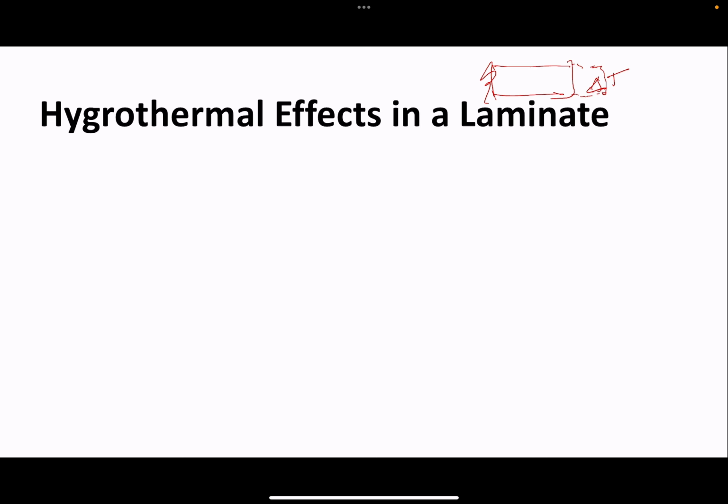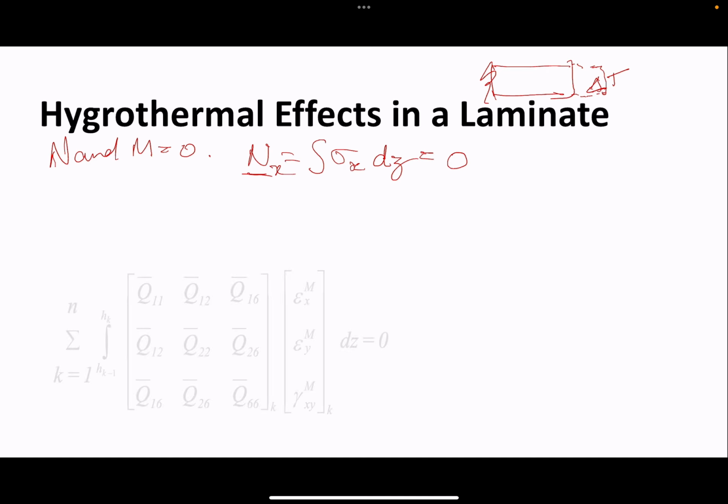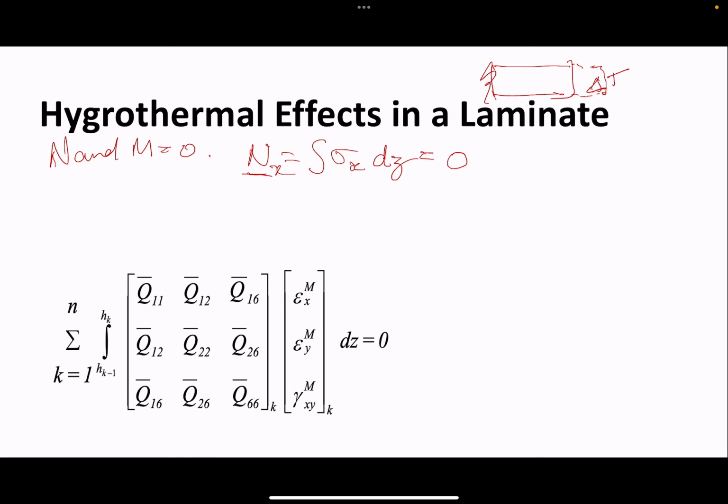In this case, the N's and M's are 0. N, if you remember, is the integral of sigma. For example, Nx is the integral of sigma x. We are not multiplying it by the area because this is force per unit length, right? So this is equal to 0.